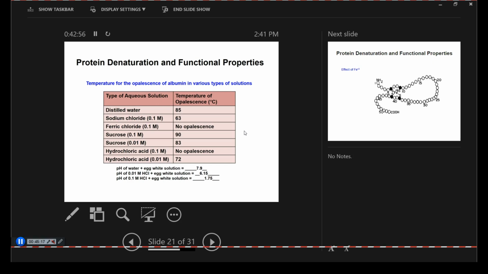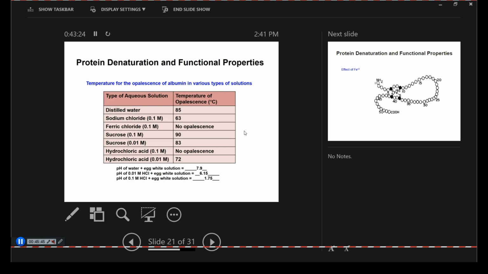With that, when you have less charge on the protein, you have less interaction with water. So denaturation happens at a lower temperature. The charge of the protein on the surface is very important and directly related to the denaturation temperature of the protein. The lower charge you have, the more prone it is to denaturation.